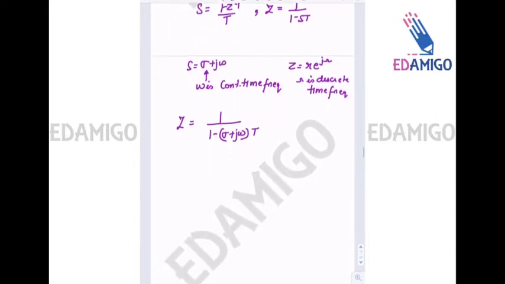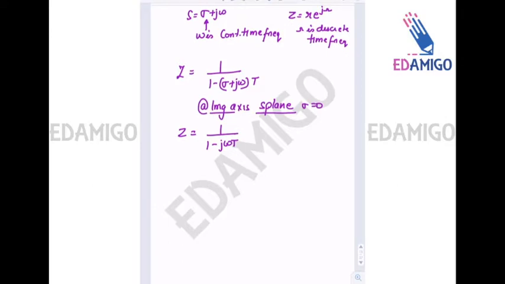Now if we talk about only the imaginary axis of the S plane, sigma equals 0, the real part. So z is equal to 1 upon (1 minus j omega T).